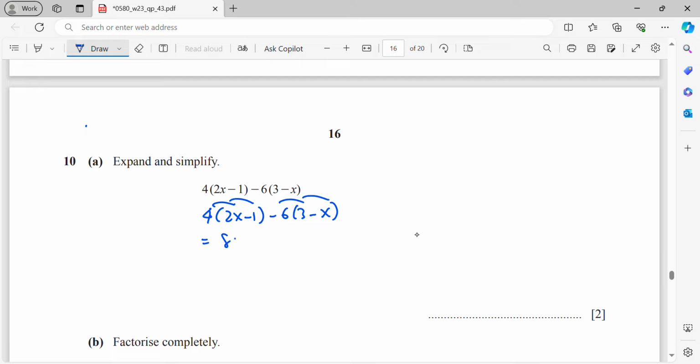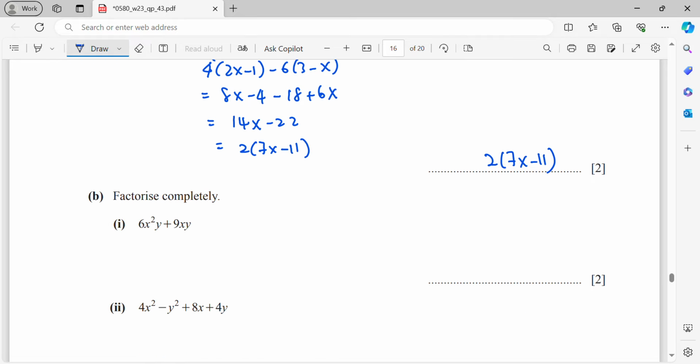So I will get 8x minus 4 minus 18 plus 6x. Then 8x plus 6x will be 14x, and minus 4 minus 18 is minus 22. You can leave it in this form, but since it's mentioned simplify, I can factorize a common term, which is 2. Then you will get 7x minus 11. This will be your answer.